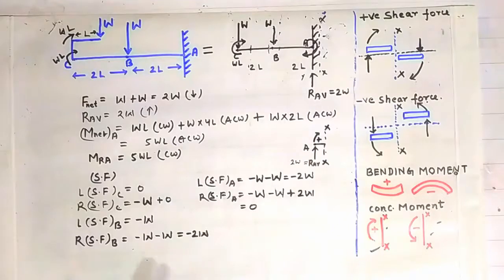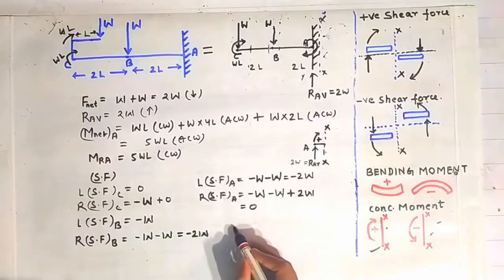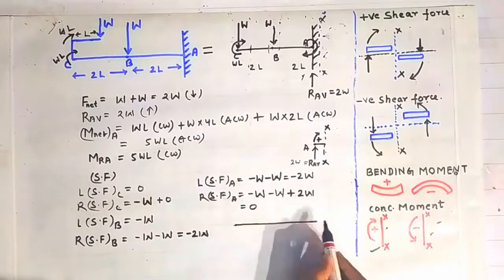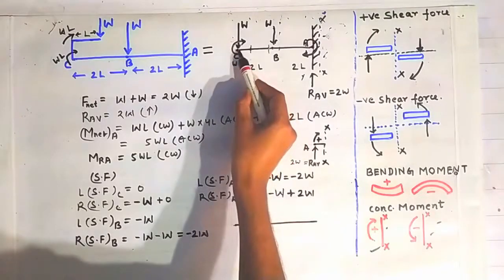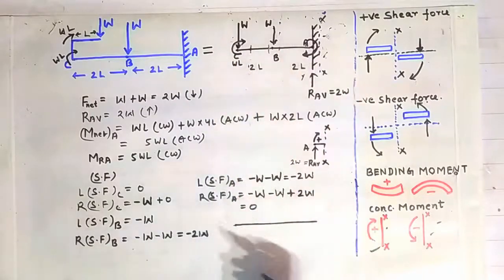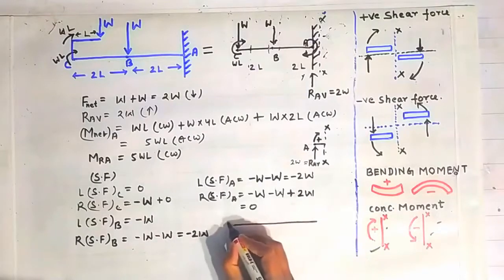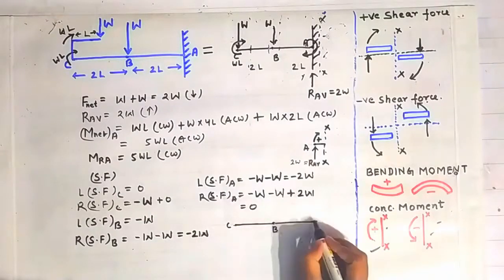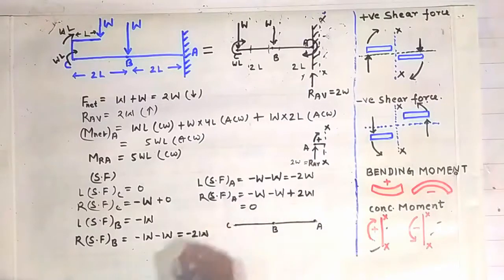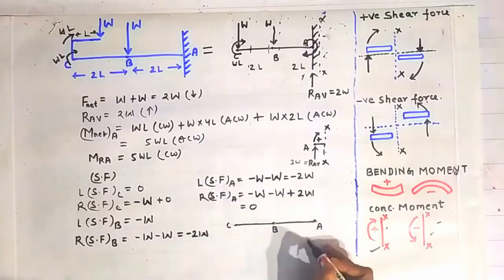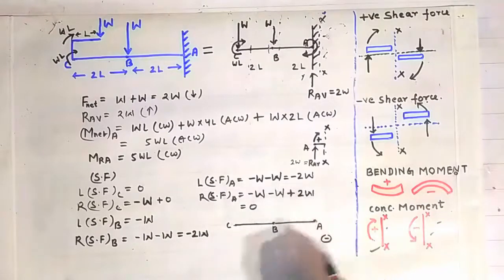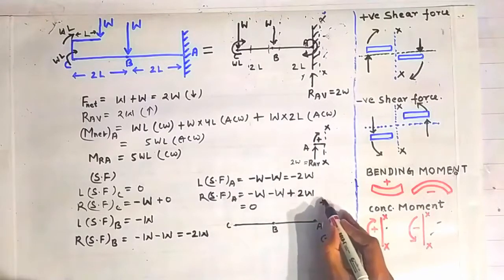Now we will draw the shear force diagram. For drawing the shear force diagram, what we have to do? We have to draw a line of the length of C to A up to a scale, and we can see that this is the point C, this is the point B, and this is the point A. Now see this, below this line all the shear forces are treated as negative, and above this line all the shear forces are treated as positive.